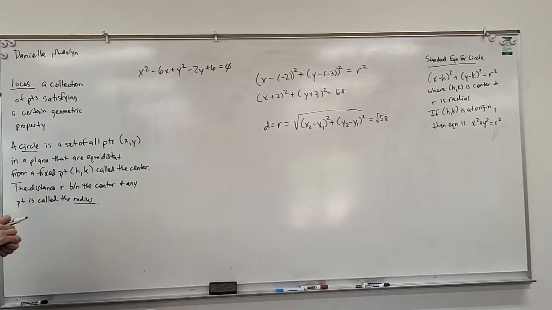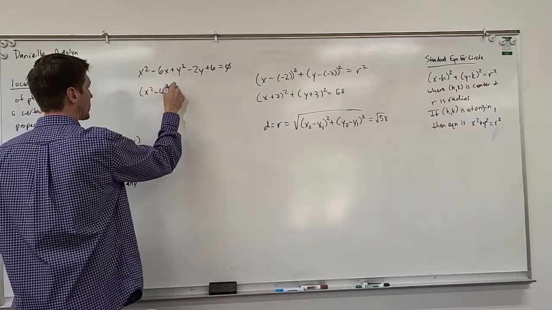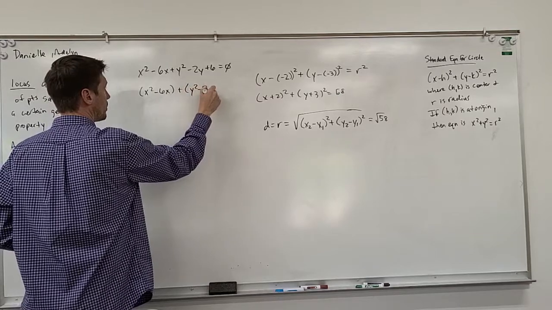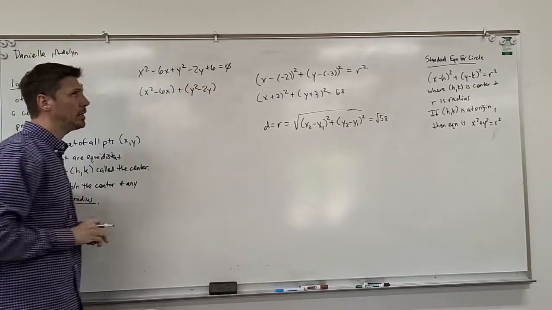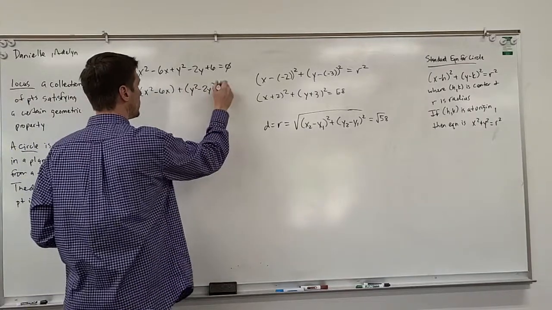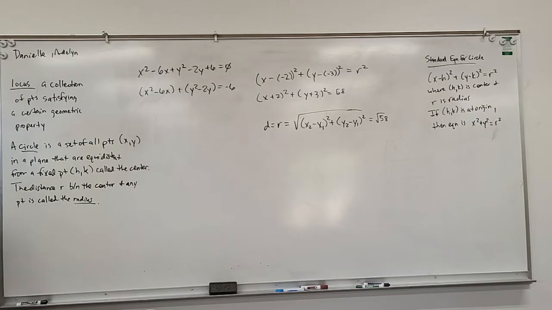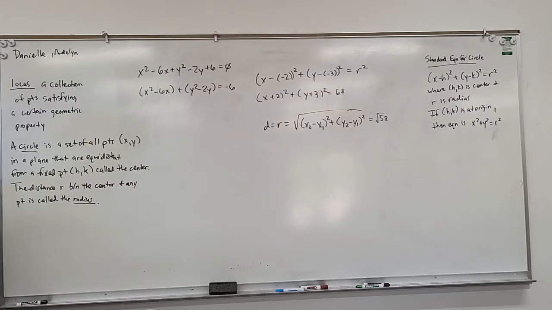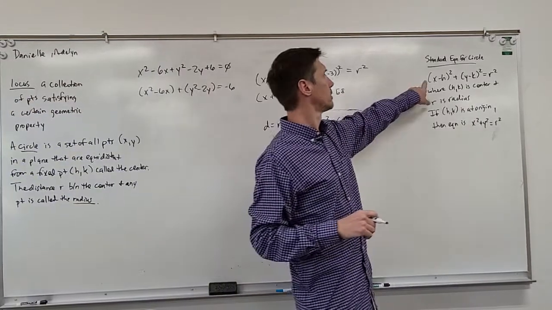So that's what we've got to do. We would take the x squared minus 6x plus y squared minus 2y and group those sections together. You can move the -6 over there, so we get all of our terms with the variables on one side and our constants on the other side. And we've got to make it look like this form here.